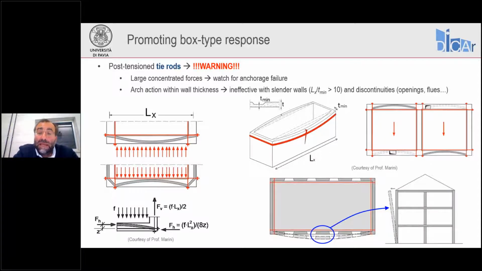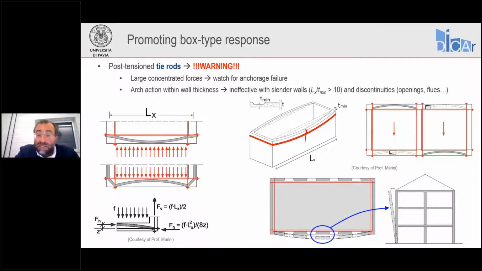In some cases, you can see here at the bottom situation, the central pier is basically free to develop a simple overturning mechanism. It feels no restraint from the tie rods, which are provided at the edges of that diaphragm panel.